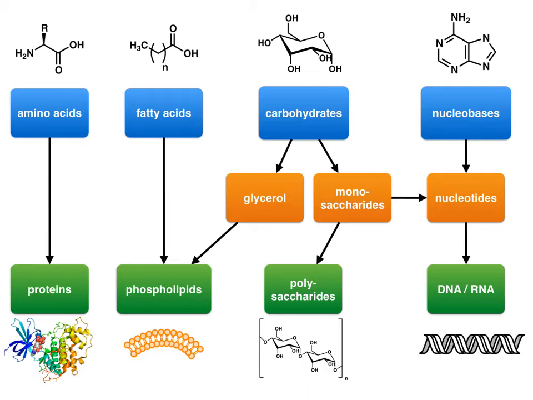And with those 21 amino acids, there's basically an infinite assortment of proteins that can be made because the amino acid sequences will be different and the lengths of the proteins will be different.